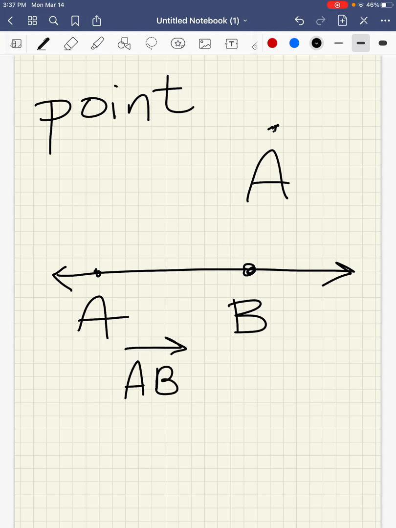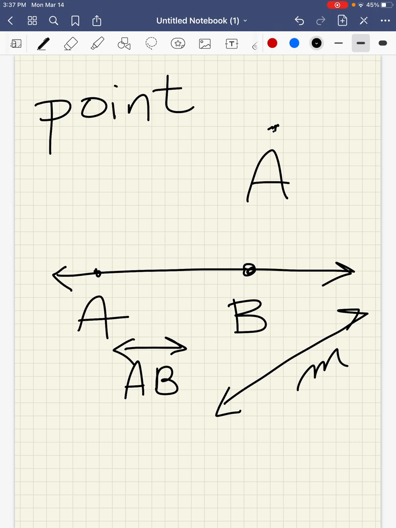You put a line on the top of it with arrows going in both directions so that it won't be confused with a segment or a ray. You can also label a line with one letter. For example, if this had an M down here, we would call it line M. So both of those are accurate ways of representing lines.